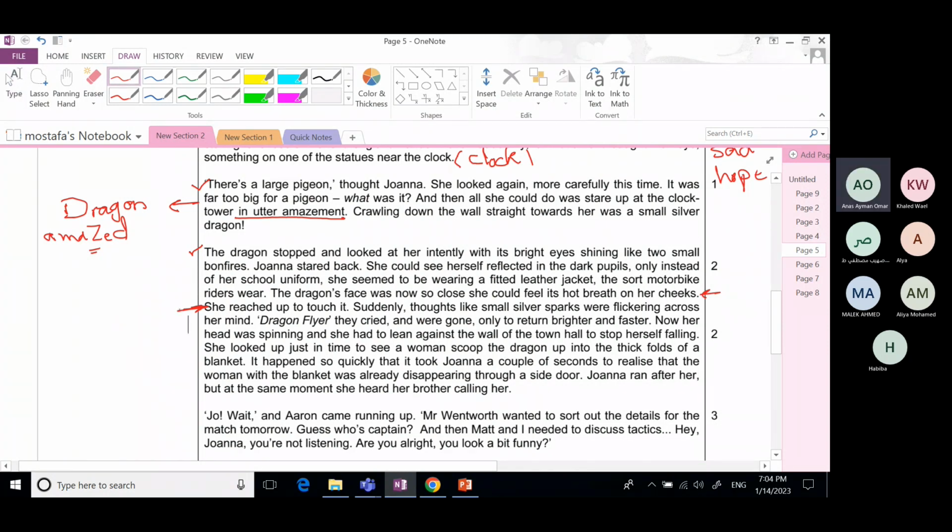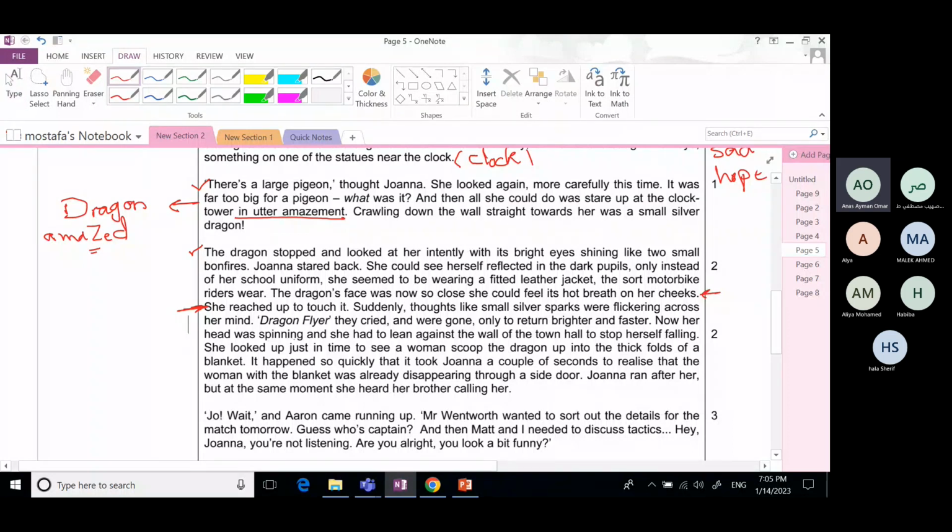She reached up to touch it. Suddenly, it felt like small silver bars were floating across her mind. Dragonflies, they cried, and were gone, only to return brighter and faster. Now her head was spinning, and she had to lean against the walls of the town hall to stop herself falling.